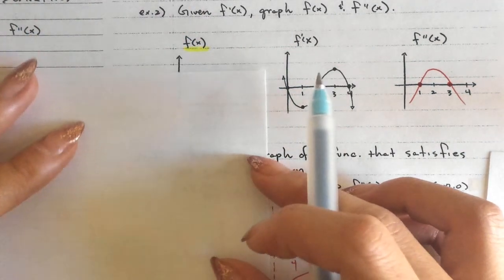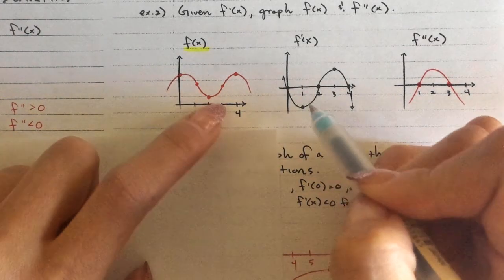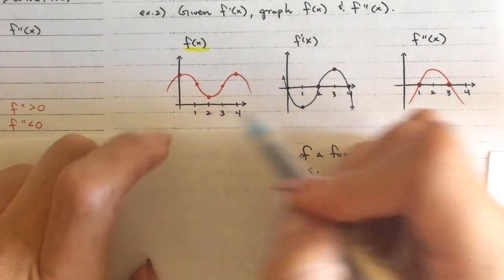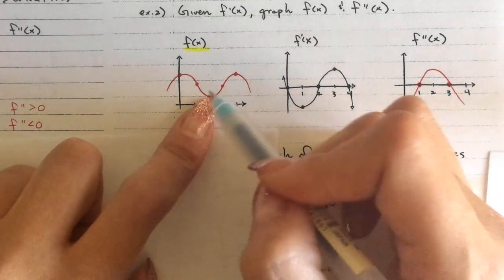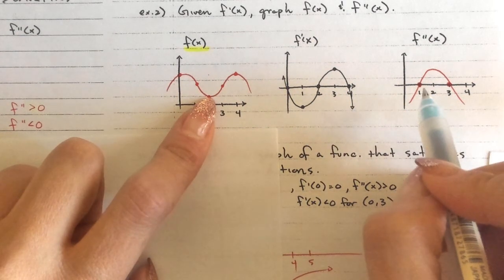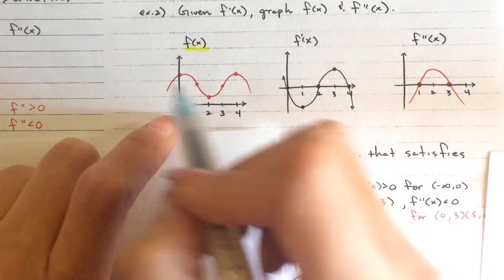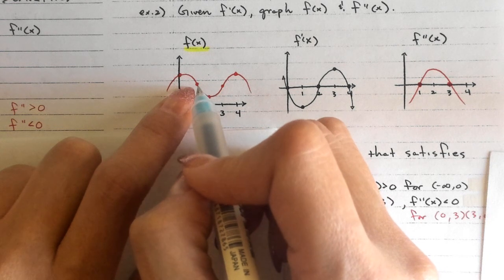So then I know that this was, again, a max, a min, and a max. So I draw it above, below, above, somewhere there. And then what happens is I have these inflection points. So these inflection points I know at 1 and 3, so at x equals 1 and x equals 3, concavity changes.